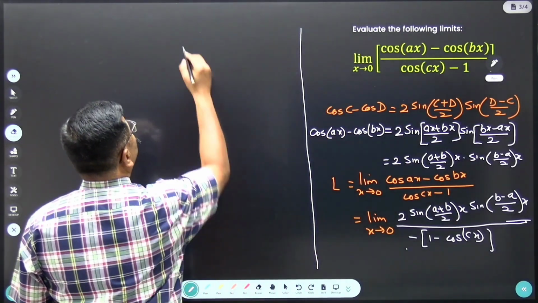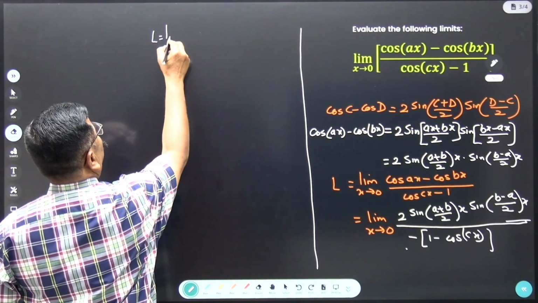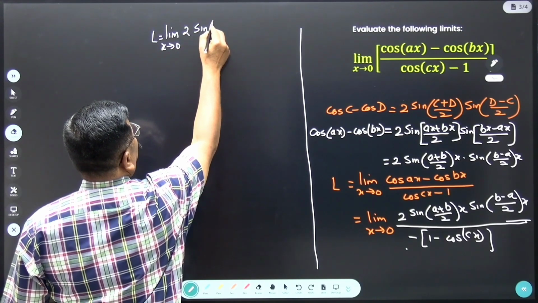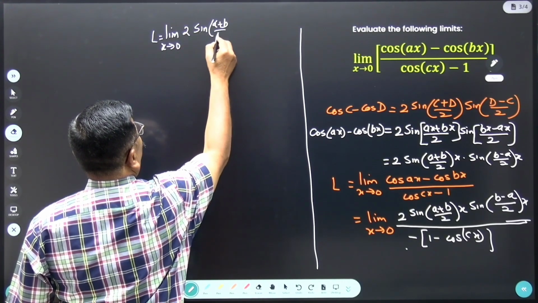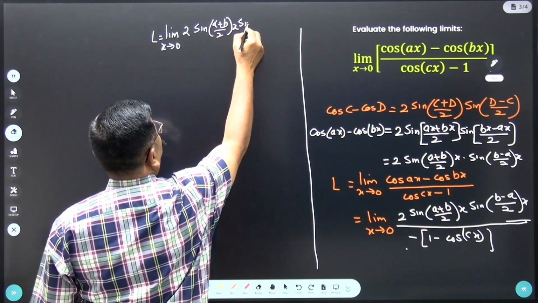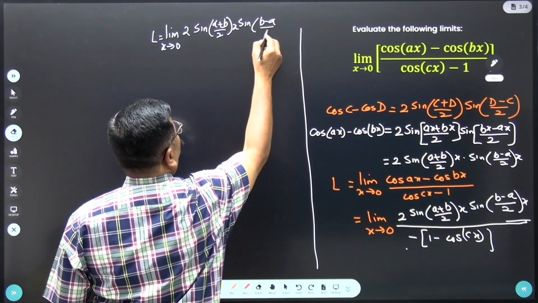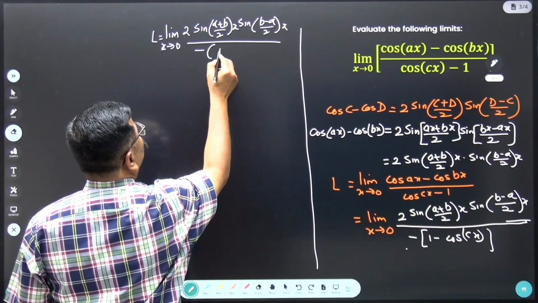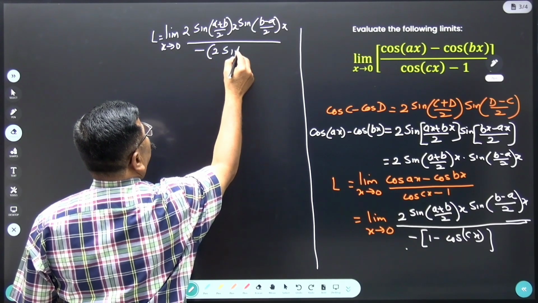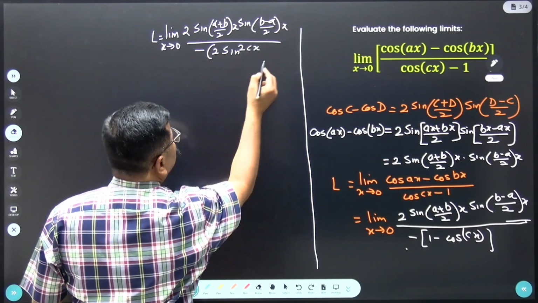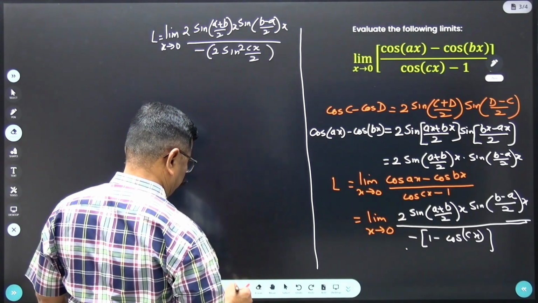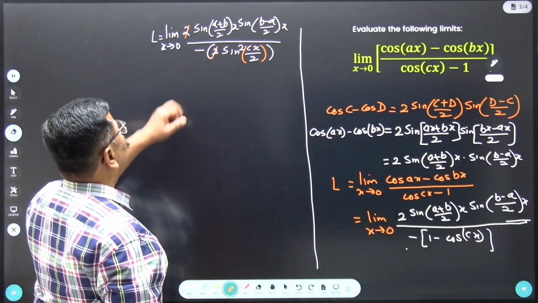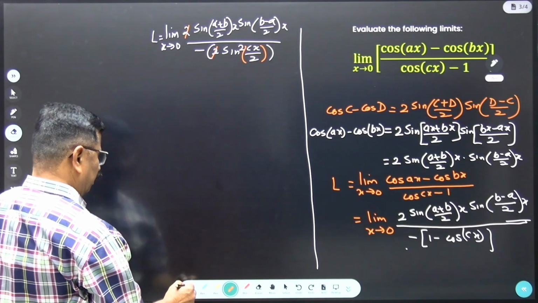So, two into sin((a plus b)/2 into x) into sin((b minus a)/2 into x) divided by minus into 2 sin square(cx/2). Now this 2 and this 2 will cancel, and this minus sign I will take it outside the limit.